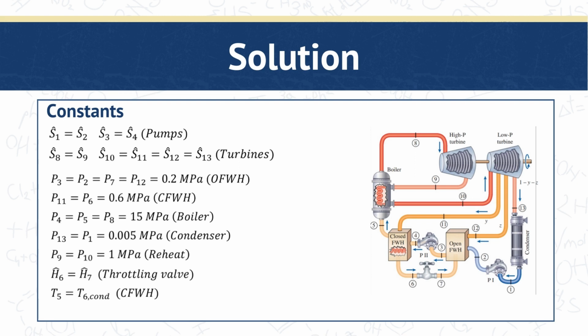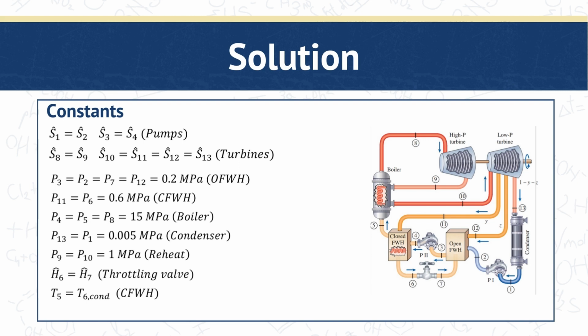So P13 is equal to P1, which is equal to 0.005 megapascals, which accounts for the condensation process. And again, for the reheat cycle in the boiler, P9 is equal to P10, which is equal to 1 megapascal, the outlet temperature of the reheating boiler.